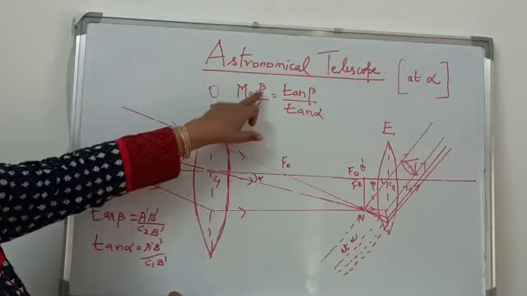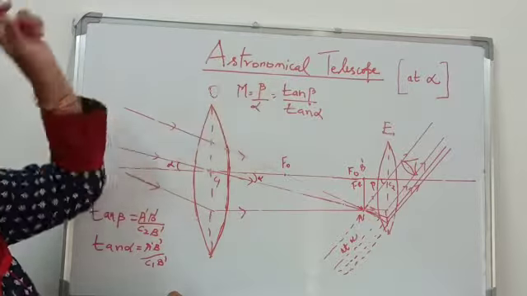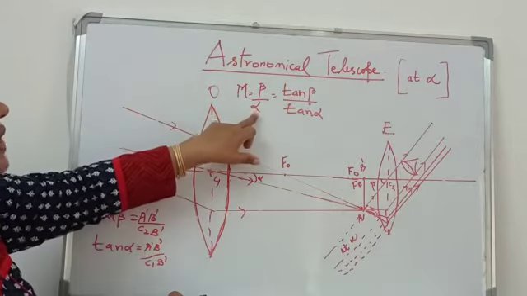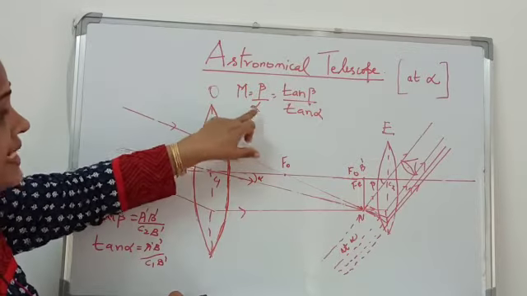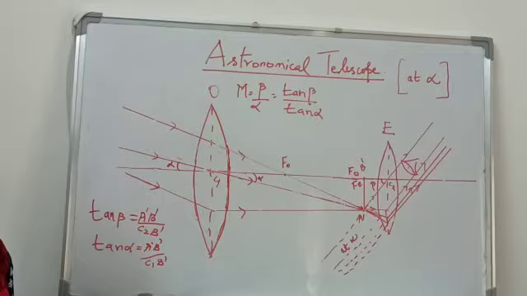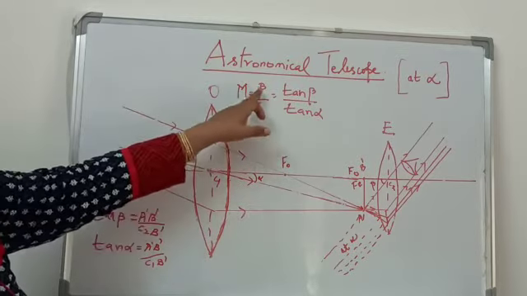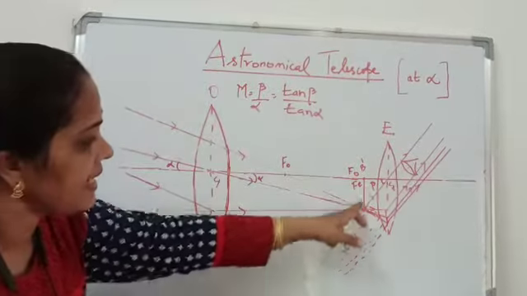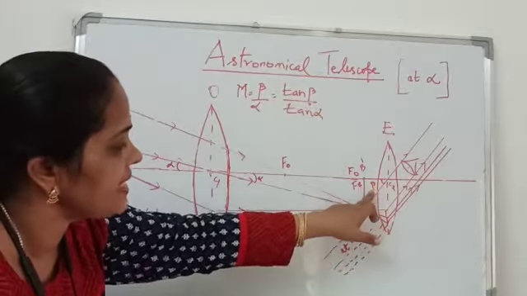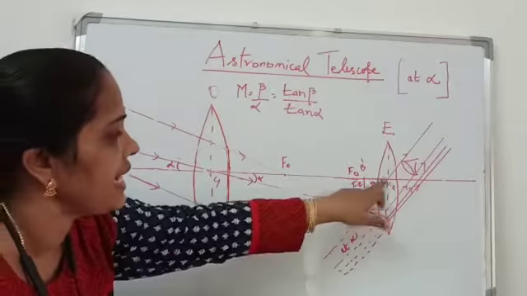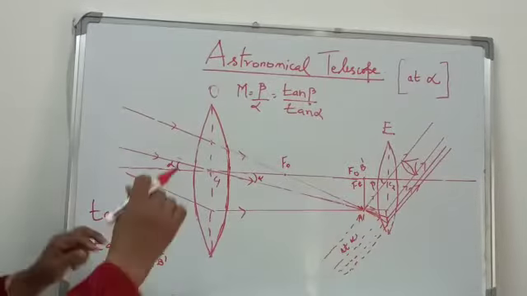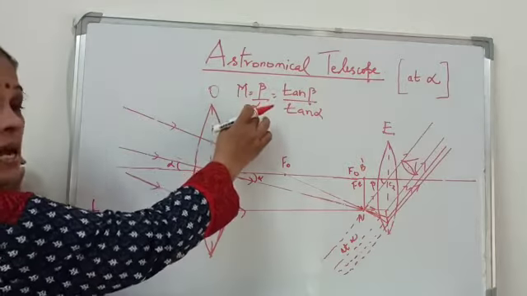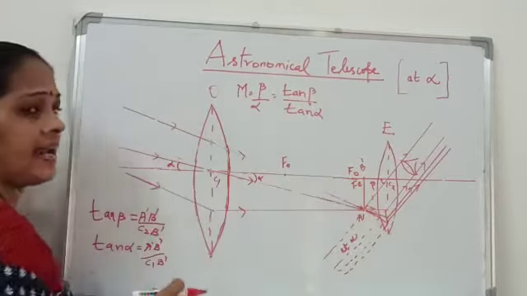Now beta is the angle subtended by the final image at the eye. This is a line coming from infinity. Alpha is the angle subtended by the object at the eye.